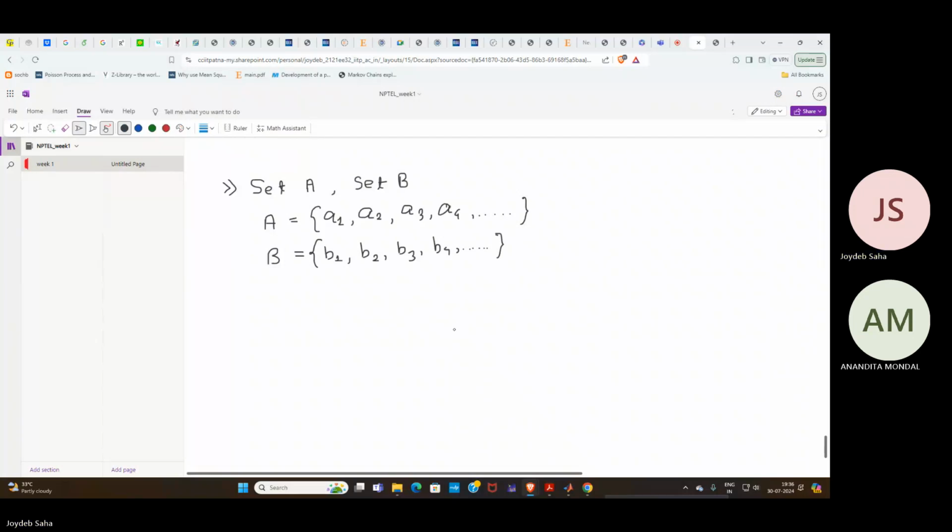So now there are three questions. Question 1, whether set A is countably infinite.